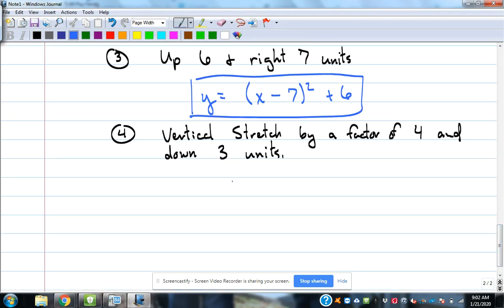All right, so vertical stretch of the x squared function by a factor of 4. That means we're going to be multiplying by 4 somewhere. Is that 4 on the inside or the outside? Outside. So it's going to be 4 x squared, and then down 3 units would be minus 3.